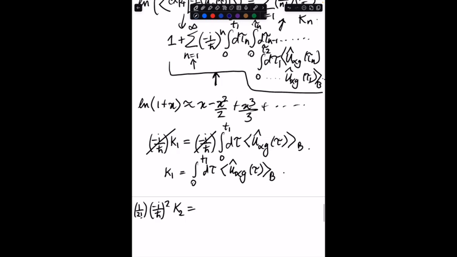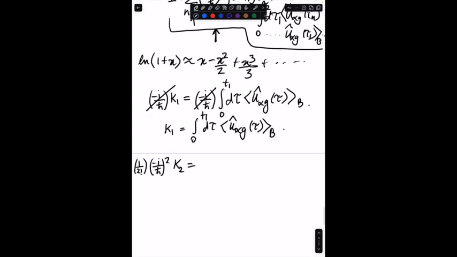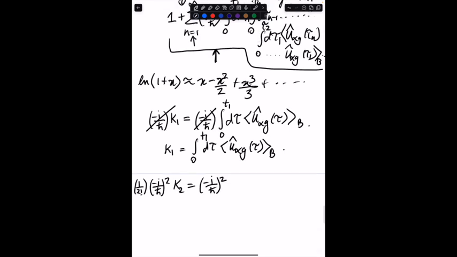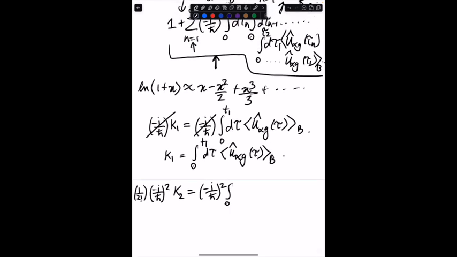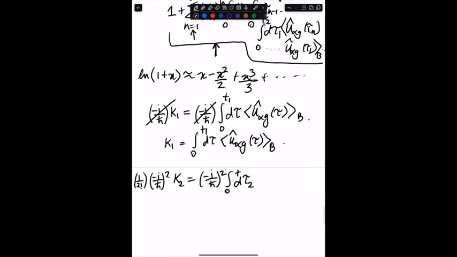So let's just write the n equal to 2 contribution, which will be very easy to see. You have minus i upon h bar squared, and then 0 to t1, let me call it d tau 2, 0 to tau 2, d tau 1. And then you have u hat alpha g tau 2, u hat alpha g tau 1 traced over the bath.